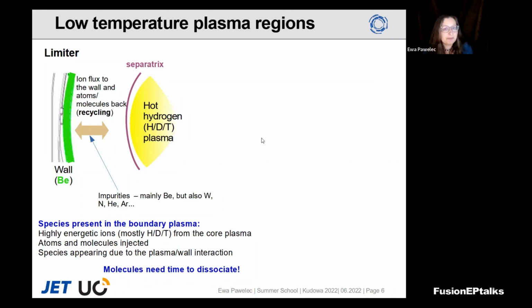So this production of molecules will therefore not be exactly as we would expect, for example, in low temperature plasma. In low temperature plasma, we do not have very highly energetic ions. We have, in many cases, highly energetic electrons, but ions are normally relatively cool. In the fusion plasma case, we have the very energetic ions impinging on the wall, and that is why those molecules may have slightly different features than we normally observe.